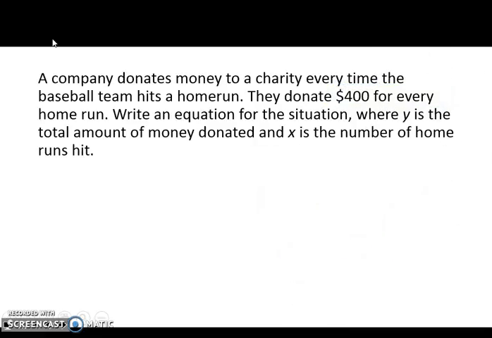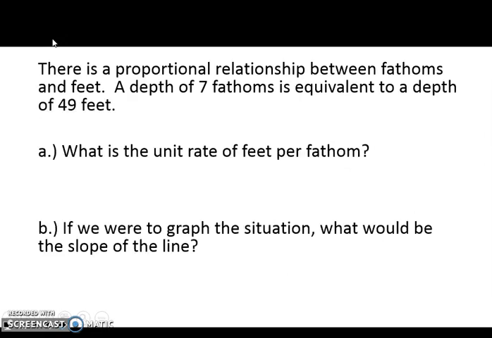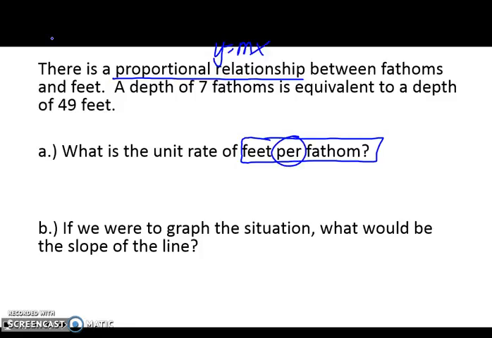All right, remember, this is quick, so if you need to go back and rewatch any of this, you always can rewind or pause. This is the last one, though. So there is a proportional relationship, so y = mx, between fathoms and feet. A depth of 7 fathoms is equivalent to a depth of 49 feet. What is the unit rate of feet per fathom? So per means for that 1 fathom.